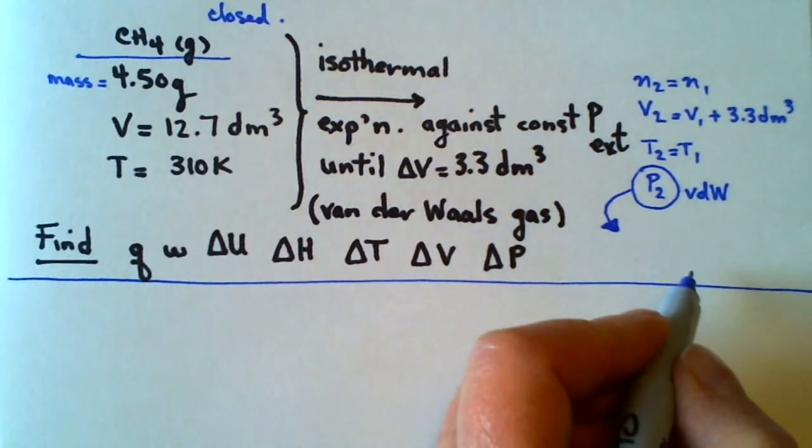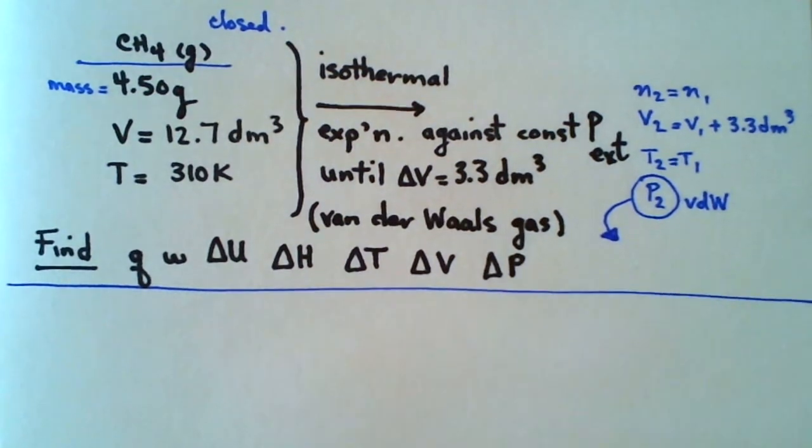The ideal gas equation of state P is equal to nRT over V. But for a van der Waals gas, what is that formula equal to? So think about how the internal gas equation of state.